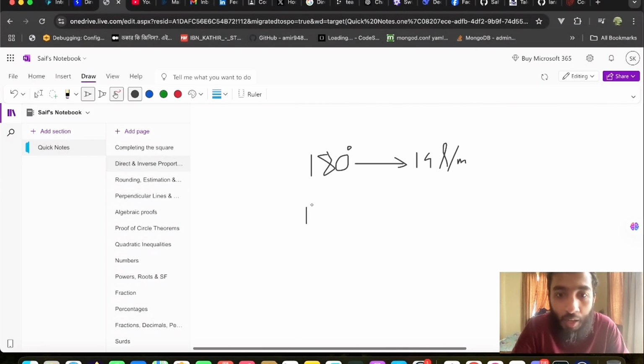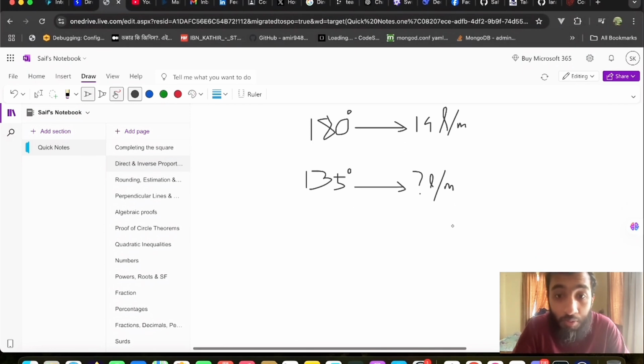So how many liters per minute does the water flow when the tap is turned on at a 135-degree angle? I have to figure that out.